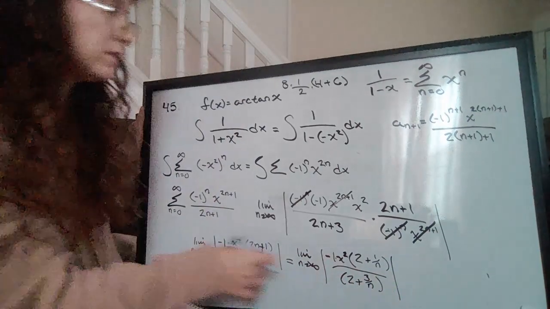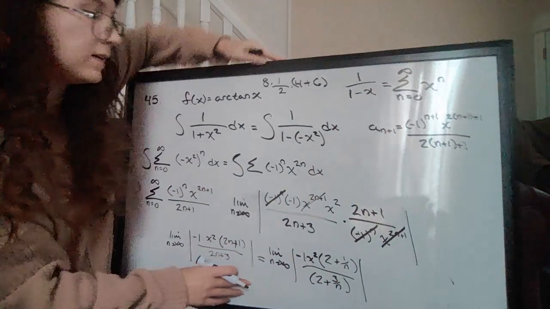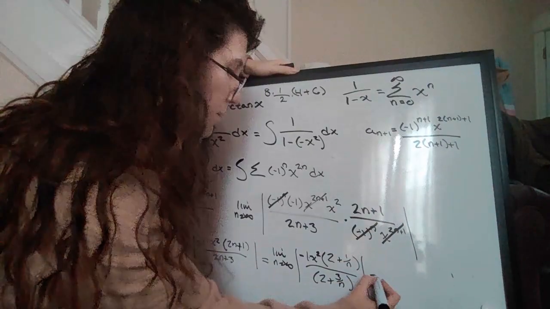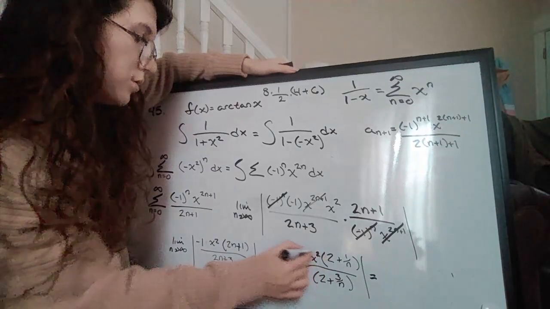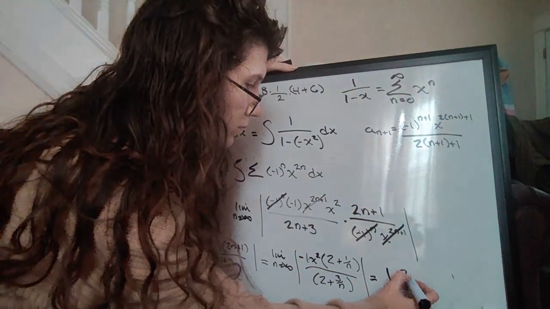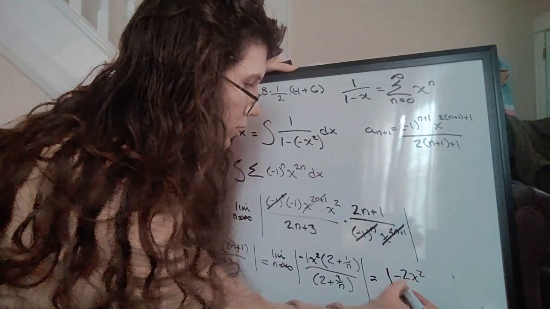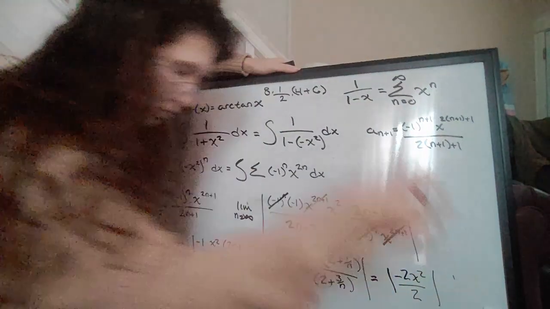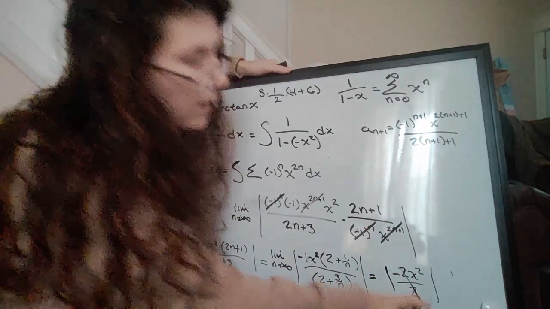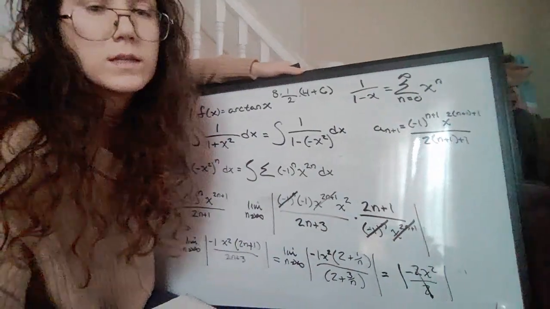If I plug in infinity, these fractions go to 0. So this ends up being 2 times -1 times x squared over 2. Right? Is that what I got? Yep. And then those 2's cancel.